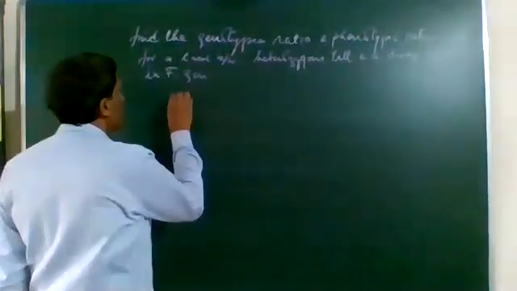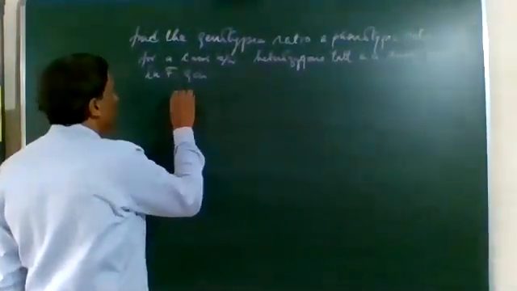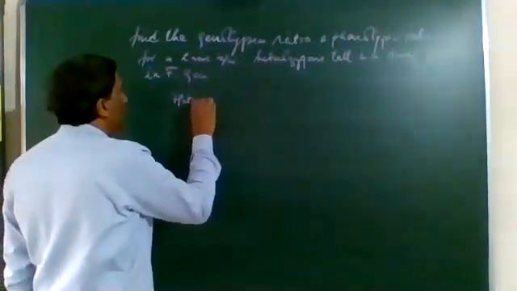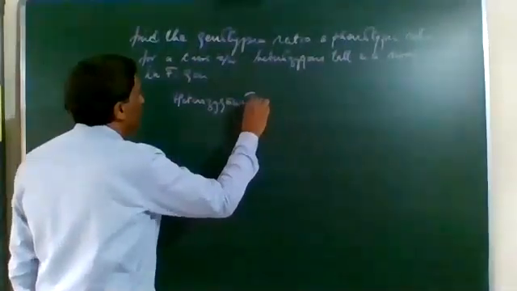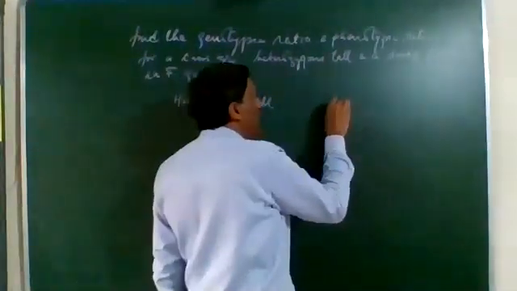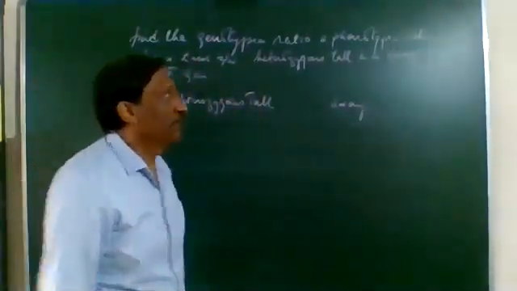So what is this? The first plant is heterozygous tall, and one is dwarf.